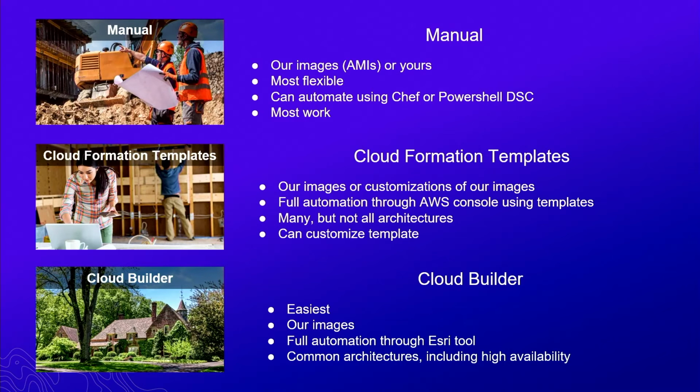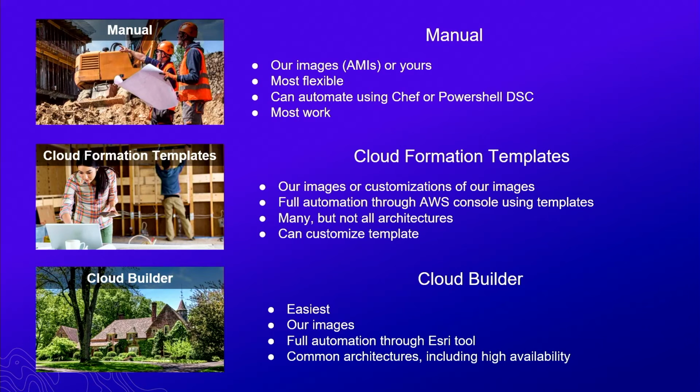With CloudFormation templates, you have to start with either our images or customizations to our images. This gives you full automation through the AWS console using templates. It's good for mostly the best practice architectures, but not all architectures, and it does allow you to customize the templates.